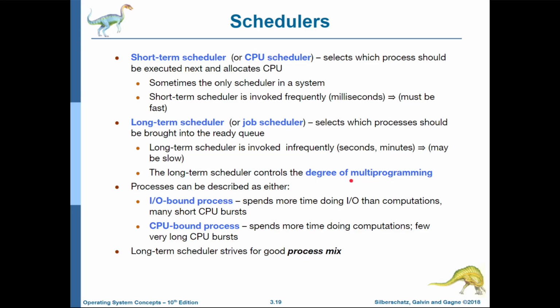Now, when it comes to scheduling, it's very important to consider the type of process we're dealing with. There are processes that generally do a lot of I/O. For example, when you have a shell program that is waiting for user input, that shell program is waiting for keyboard I/O.